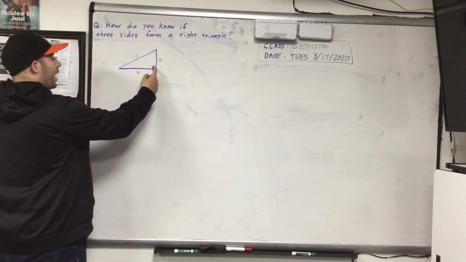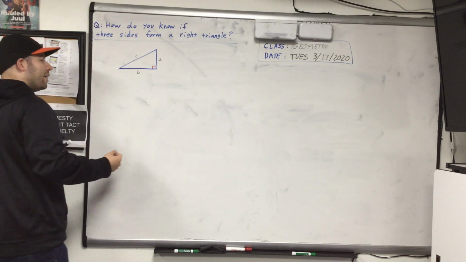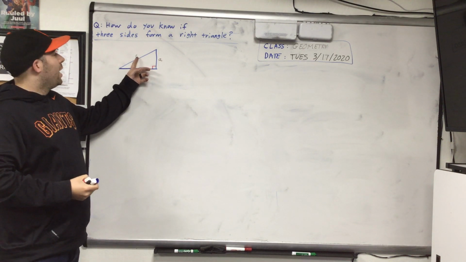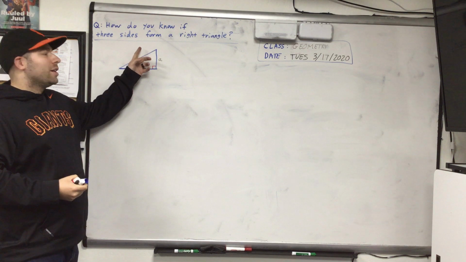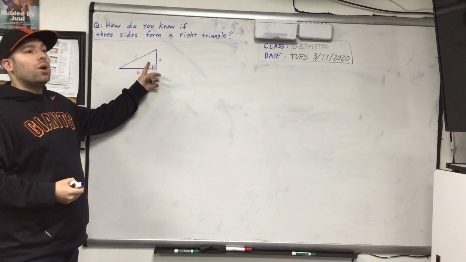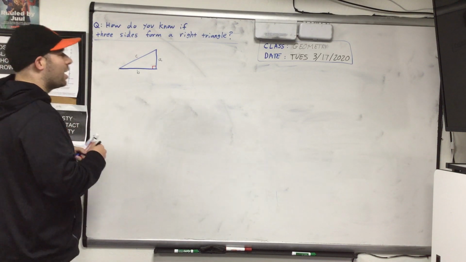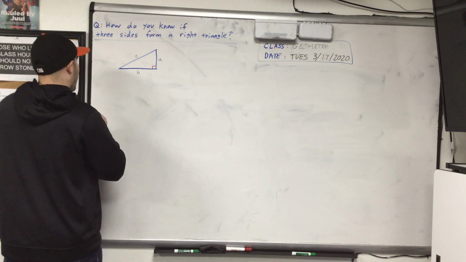Look at the 90-degree angle and look at its opposite side. A good clue is to look at the biggest angle, 90 degrees, and look at its opposite side. The largest angle will usually have the longest side length. And the longest side of a right triangle is called the hypotenuse.